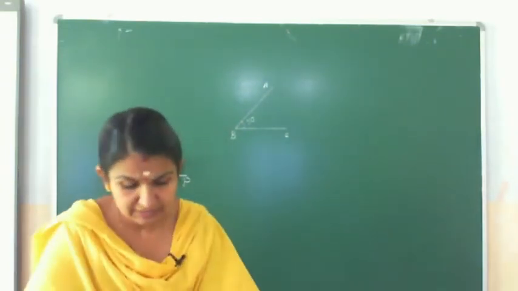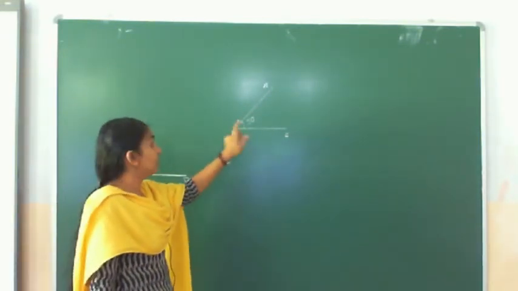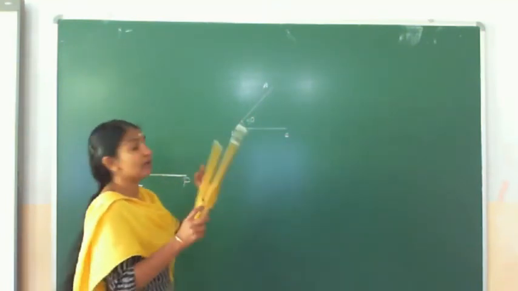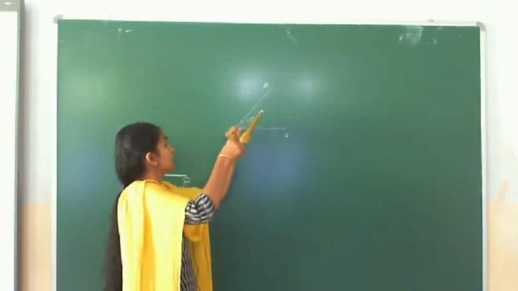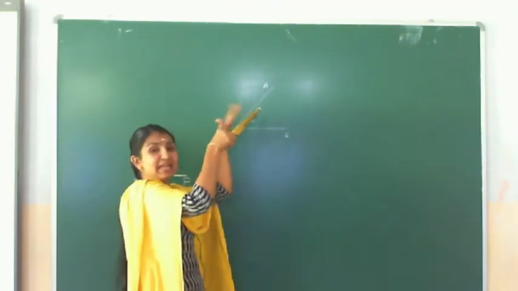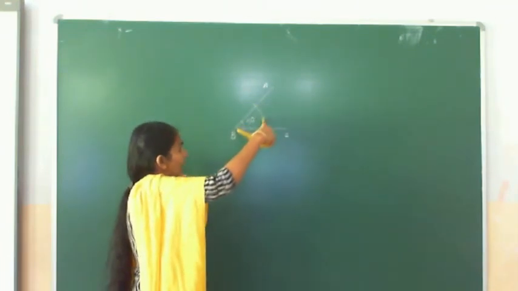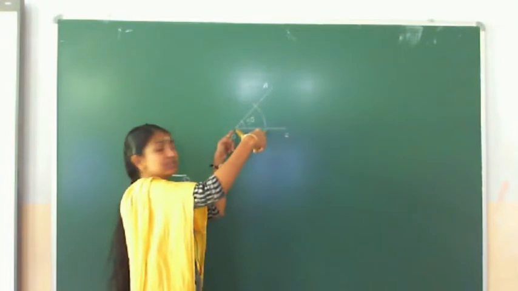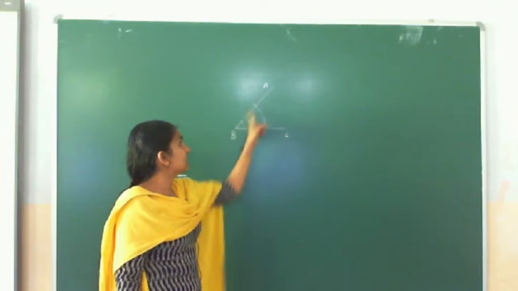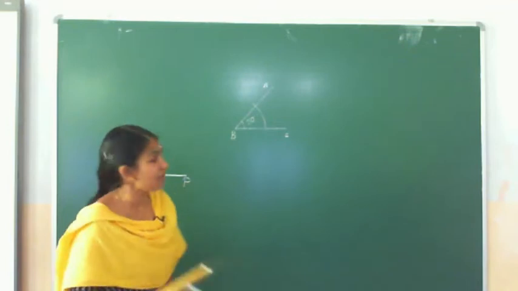After that, take our compass and keep it on the vertex of the angle which we drew. I kept it on the vertex B, and with any radius, draw an arc which cuts this angle's both arms. Do not change the radius.